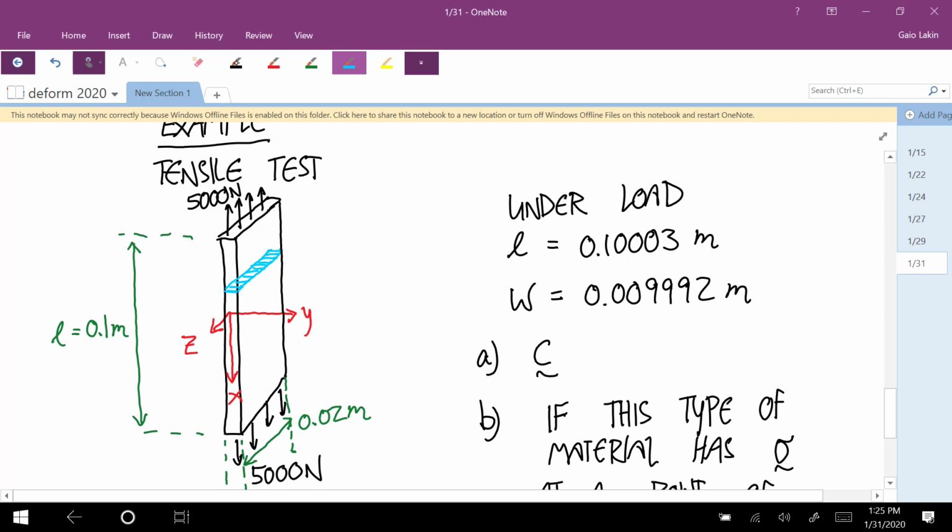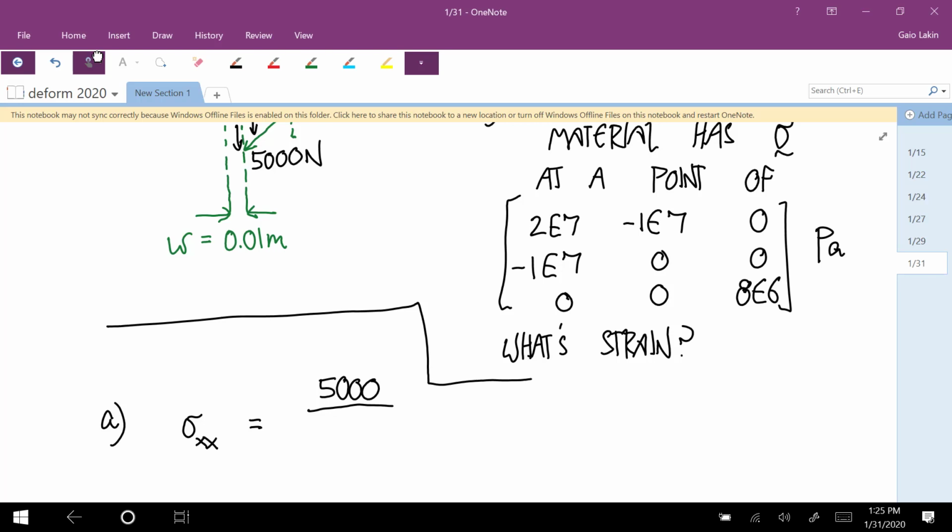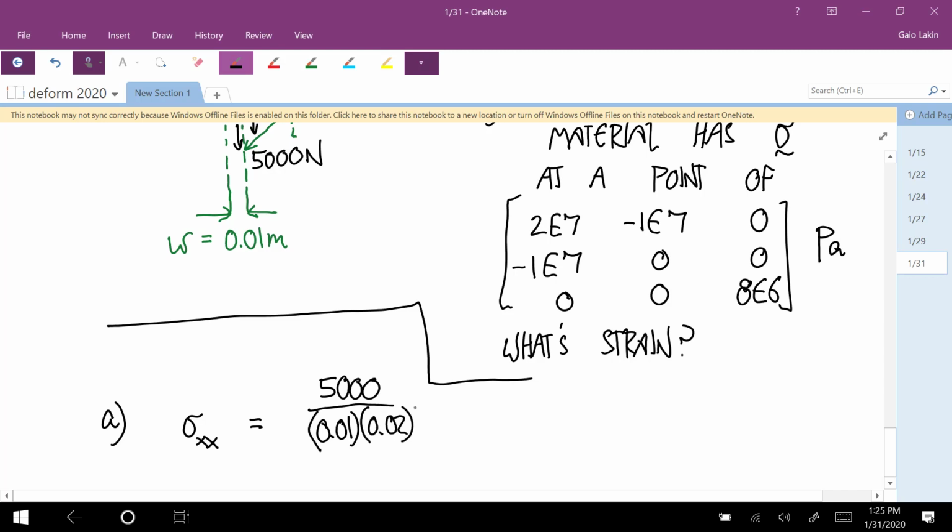So 5,000 divided by 0.01 times 0.02, and you get a value of 2.5 times 10 to the 7th pascals.